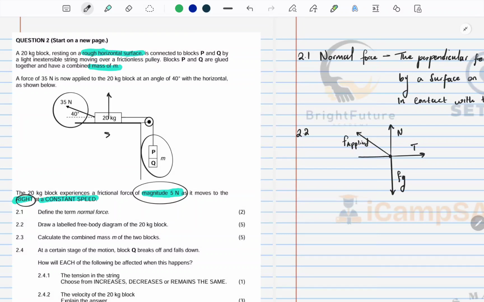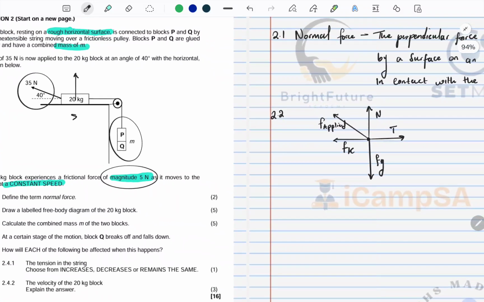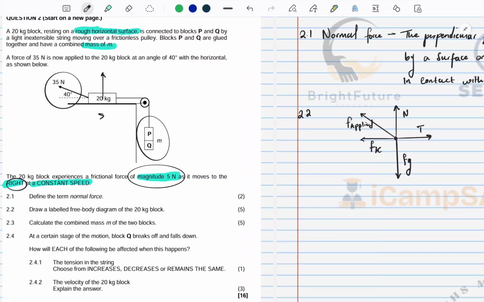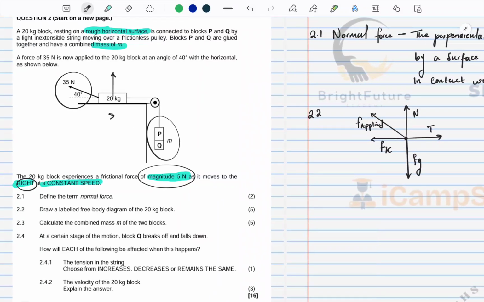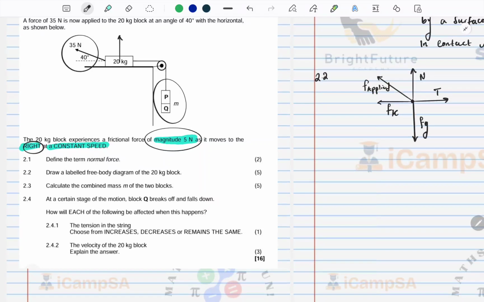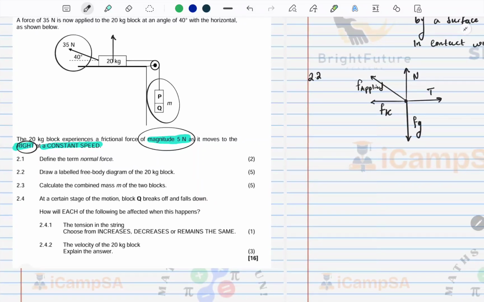So here you're going to have your frictional force, which can be FK or just a small letter f. That's it for your free body diagram. For frictional force, always note that it opposes the direction of the movement. In this case, we're going to the right, and the frictional force is going to the left.